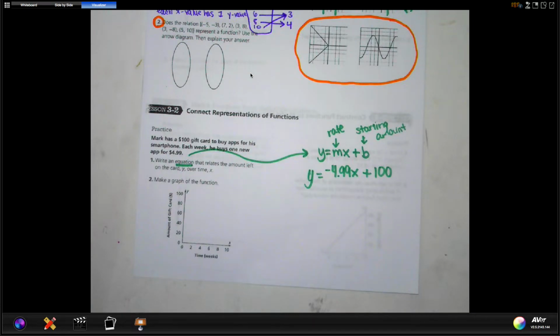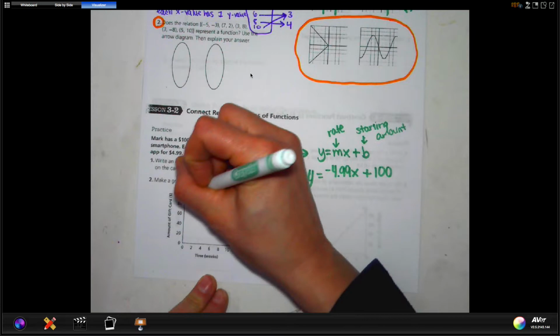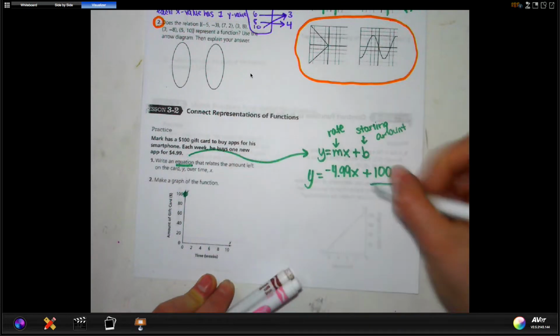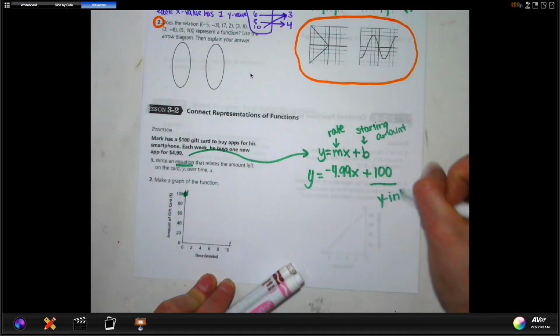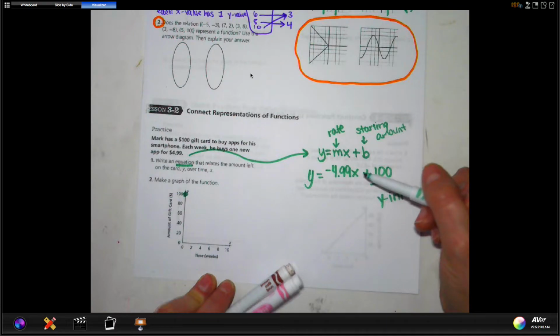Easy peasy. And then how do we make a graph of this? Where do we know for sure our starting dot has to go? Liliana, where's that? 100. So a starting amount means that we have to put that on there. The 100 goes on, it's also known as the y-intercept, remember? And then negative 4.99x is really our slope.